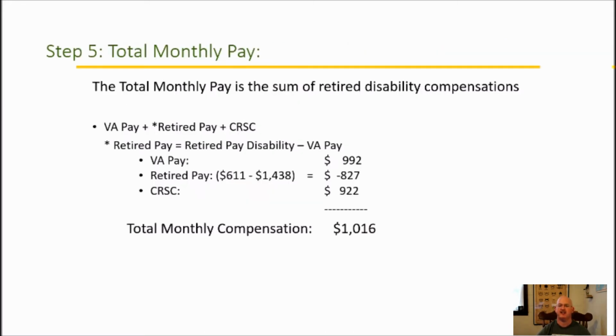So here's how it breaks down. With the individual that I described, he's receiving VA compensation of $992. After you compute the offset for CRSC, there's a negative 827, and then you add another 922.